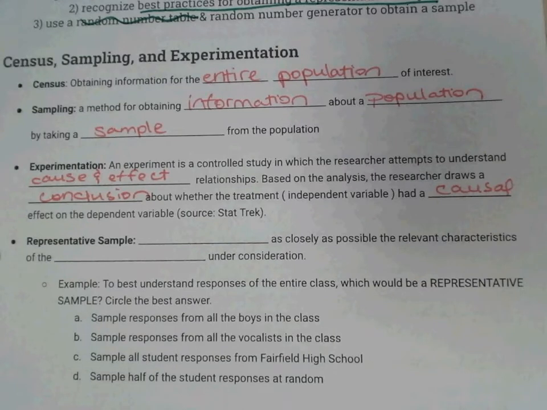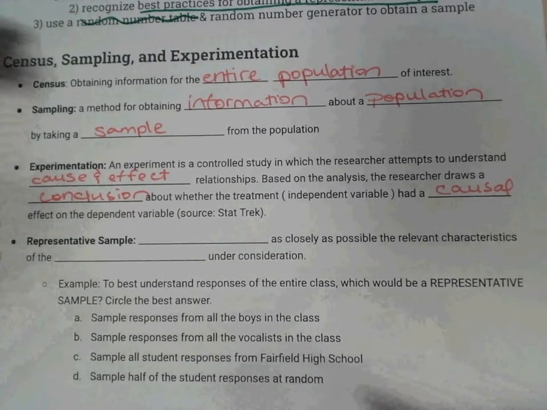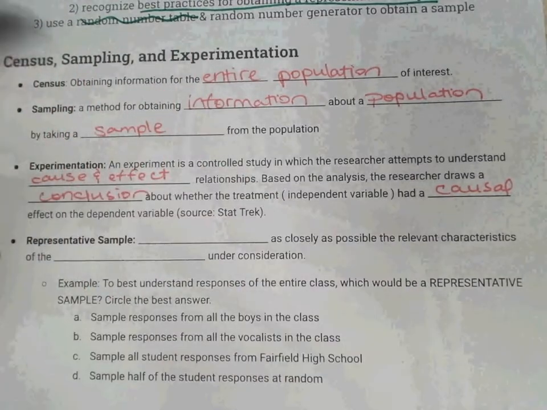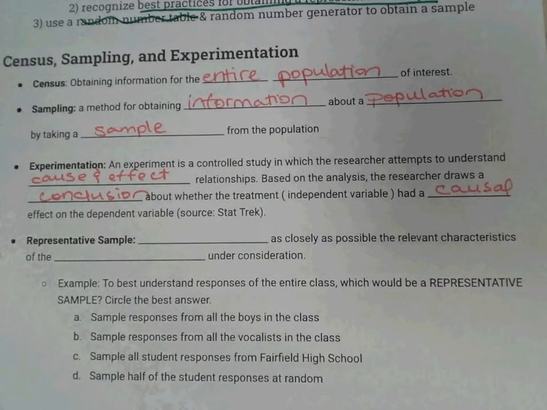I basically summarized that whole section from yesterday in that little couple of sentences, just to put it into context and connect it with the census, sampling, and experimentation methods for collecting data.